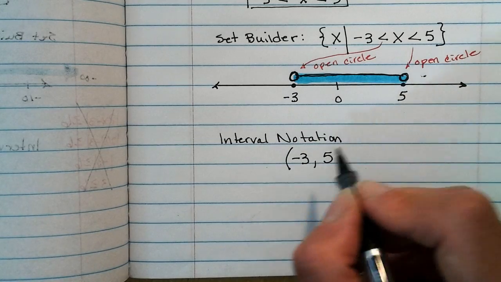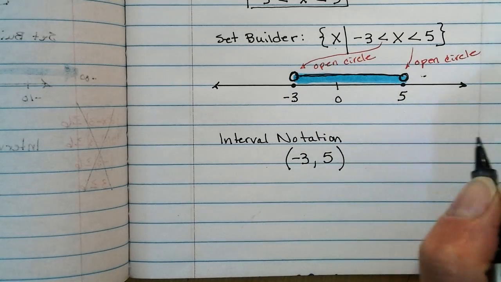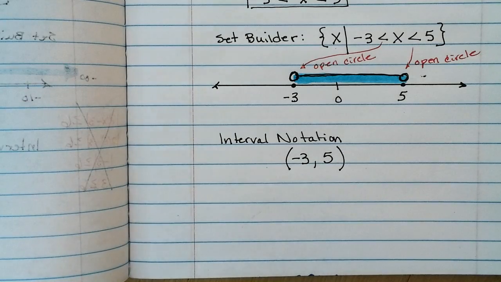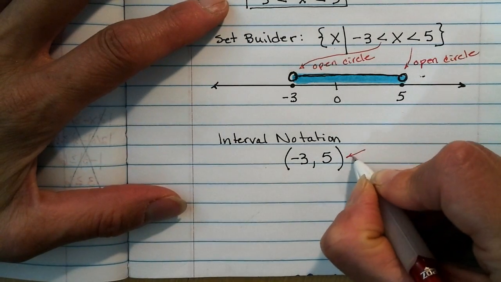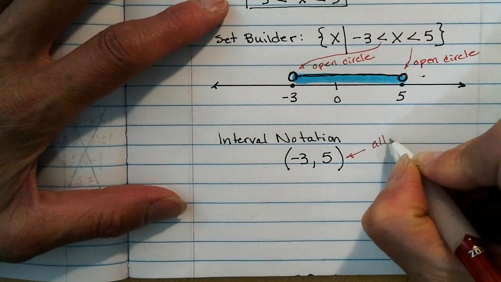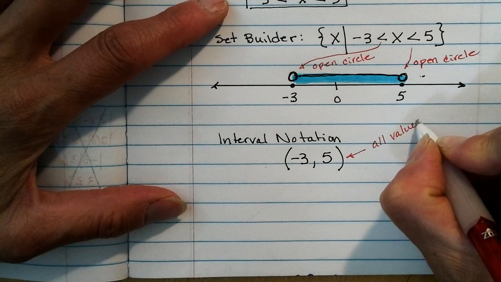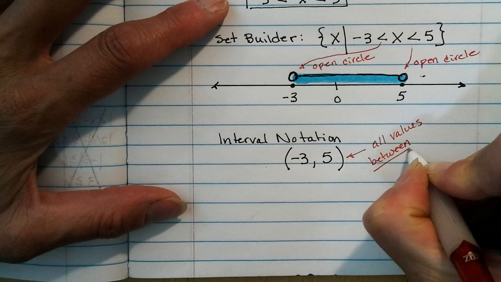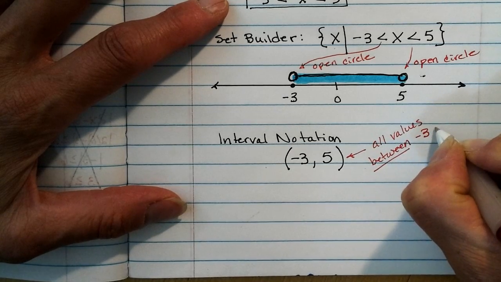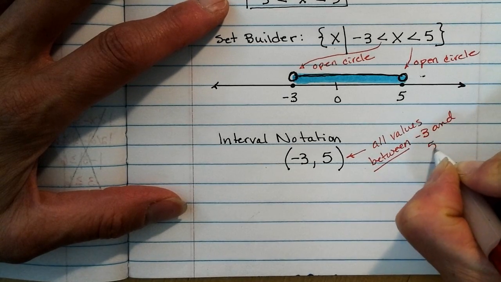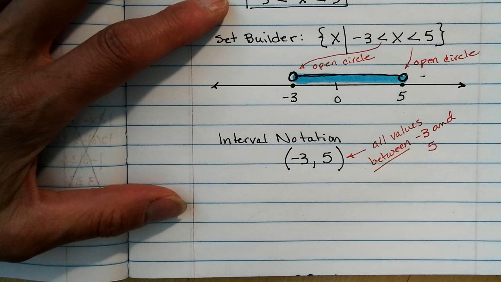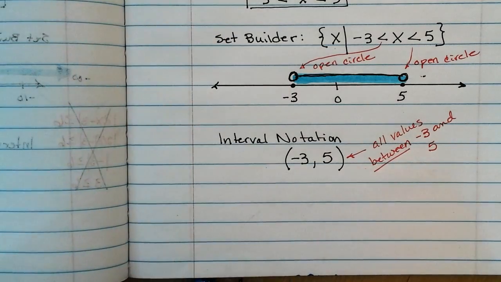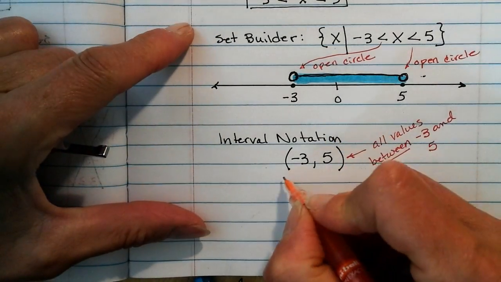Does it include 5? No. So that's interval notation, and what this means is all values between -3 and 5. This is not a point because it says interval notation.